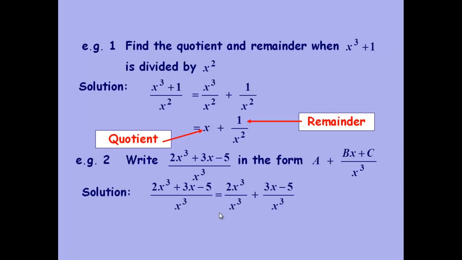So again, if we split it up, we get 2x cubed over x cubed, which will cancel down to 2, won't it, with the x cubes cancelling, plus 3x minus 5 over x cubed, where 2 is the quotient and 3x minus 5 the remainder.